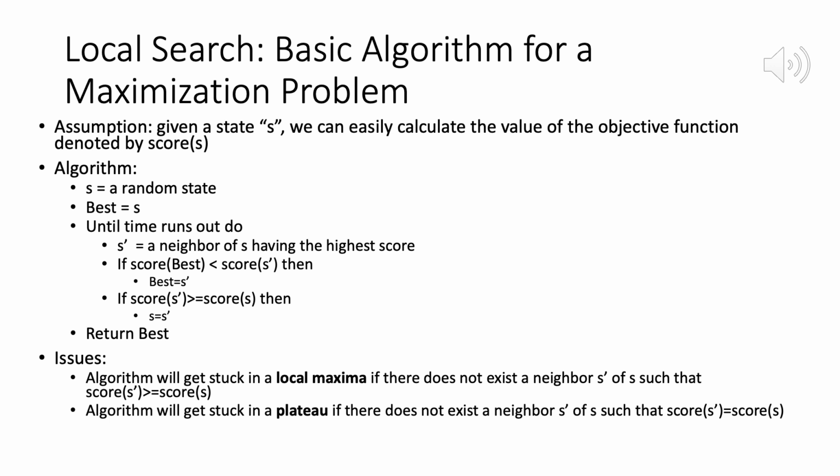Because of these two problems, the plateau problem and the local maxima problem, the basic local search algorithm is rarely used in practice. We'll see on the next slide how to improve this algorithm.